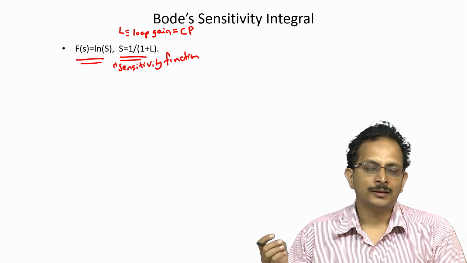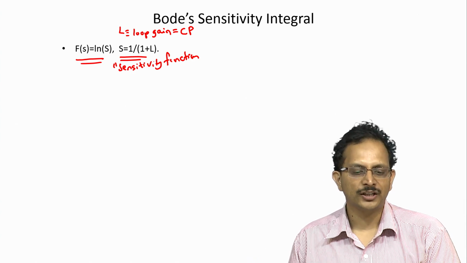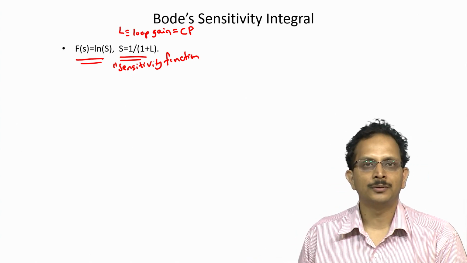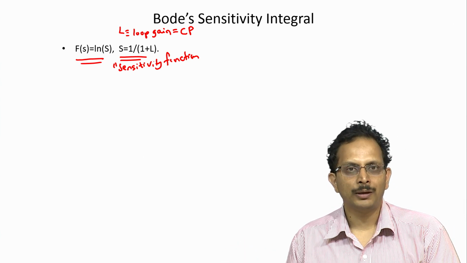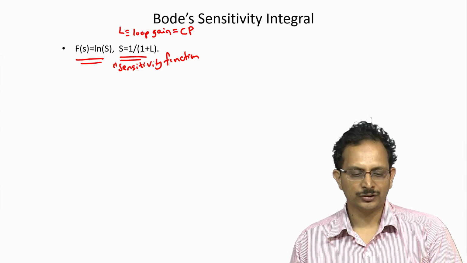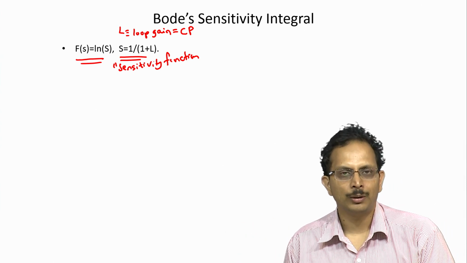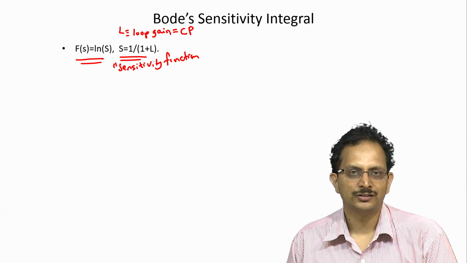because the singularities will occur only at the location of the poles and zeros of the term 1/(1+L). So, the poles of the term 1/(1+L) are essentially the poles of the closed loop system, and the zeros of 1/(1+L) are essentially the open loop poles of our system.